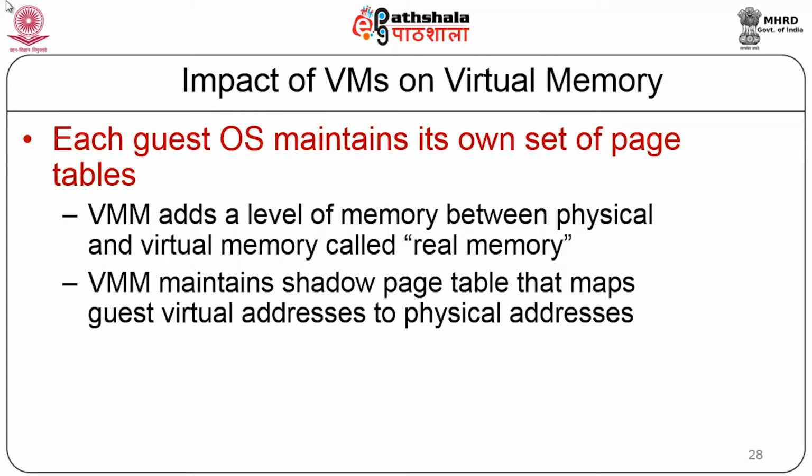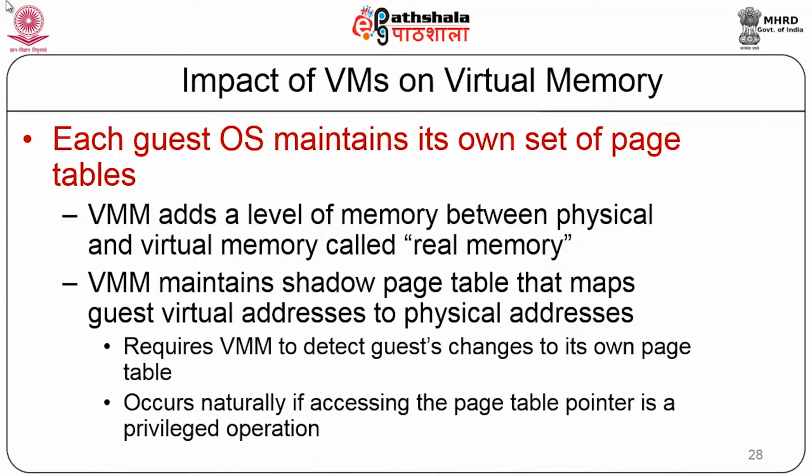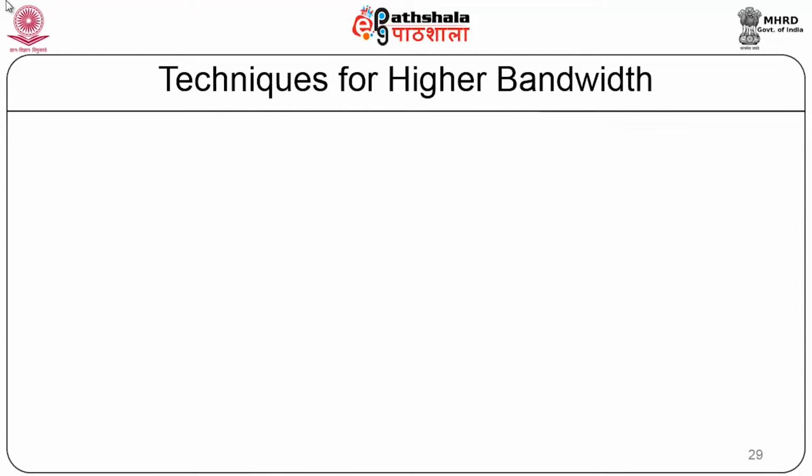And the VMM maintains what is called a shadow page table that maps the guest virtual addresses to the actual physical addresses. For this, it requires the virtual machine monitor to detect the guest changes to its own page table, and it occurs naturally if accessing the page table pointer is a privileged operation.